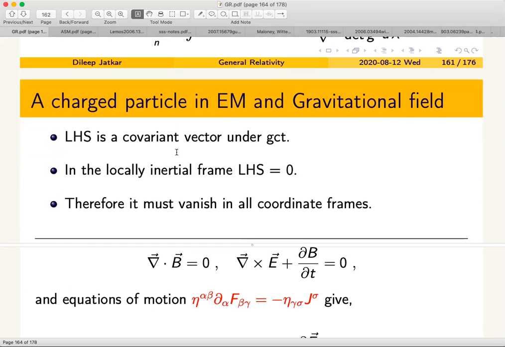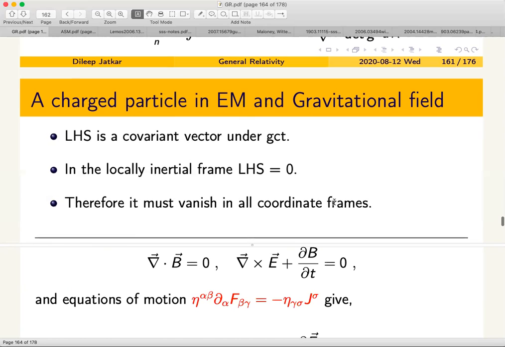Now using these two facts, we can also say that this equation should be satisfied in all coordinate frames, because the left hand side of this equation is a tensorial quantity. It's a covariant vector, which is a rank 1 tensor. Since in the local inertial frame it vanishes, it would vanish in all coordinate frames which are related to this by coordinate transformations.